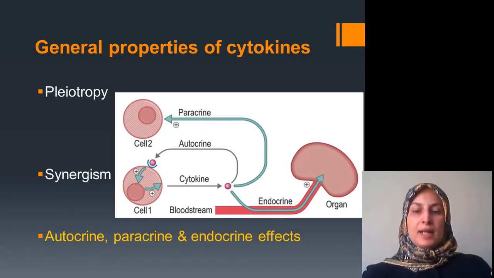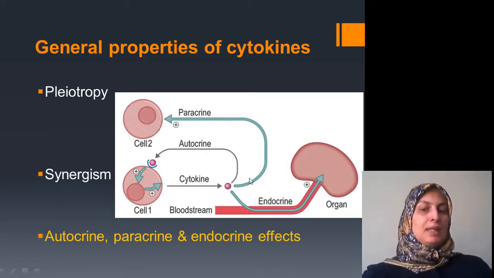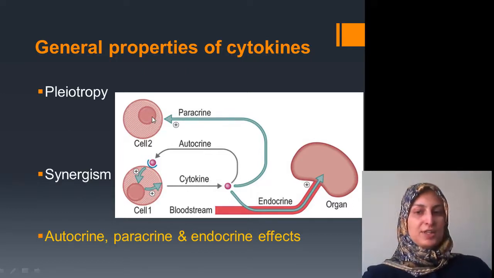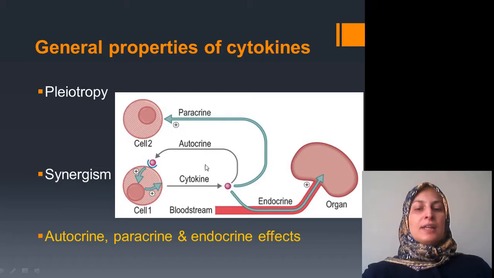The paracrine level is where the cytokine produced by one cell would affect the other cell, for example, enhancing stimulation, proliferation, or differentiation. And the third effect is the endocrine, where the cytokines produced will go through the bloodstream and affect distant organs to conduct certain functions or produce certain enzymes.